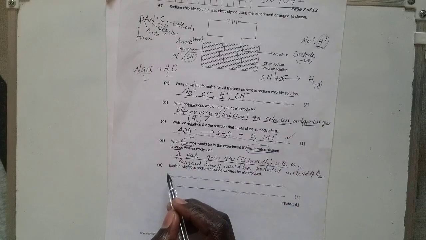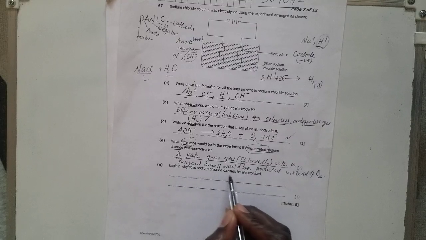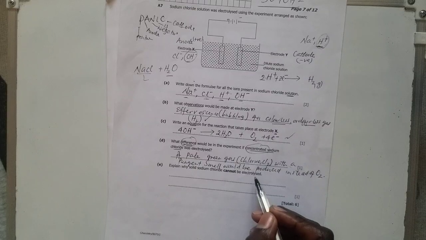If you look at part E, it says explain why solid sodium chloride cannot be electrolyzed. So the question is asking why solid sodium chloride cannot be electrolyzed.